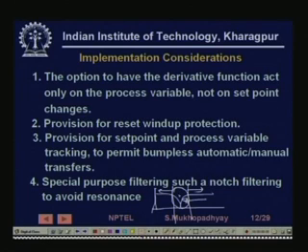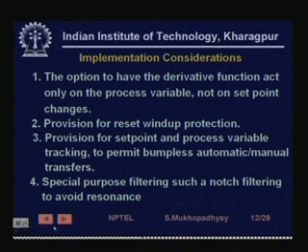If your resonant frequency is in this range, this is omega, this is G(j omega), the gain of the notch filter. In this range the notch filter will not allow any inputs to come. Such things need to be done.